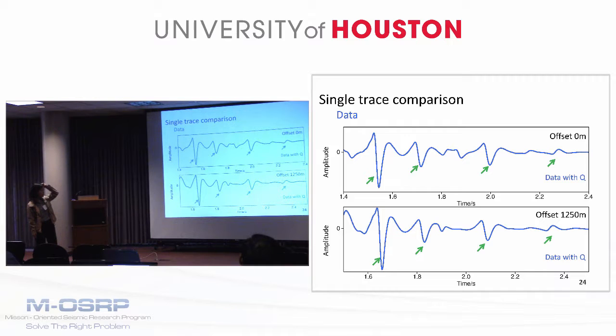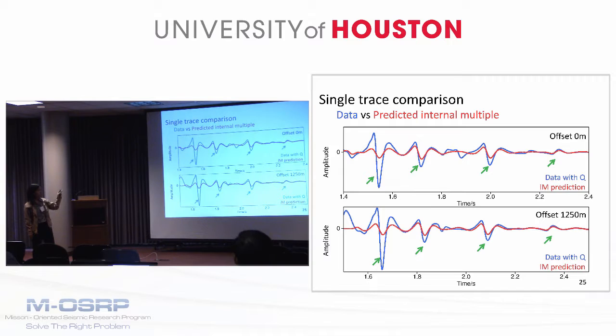These blue lines represent your input data with Q absorption, and these green arrows are actually pointing to the internal multiple. And the red line here represents the predicted internal multiple. It's very clear to see that every multiple is predicted with exact time and approximate amplitude.